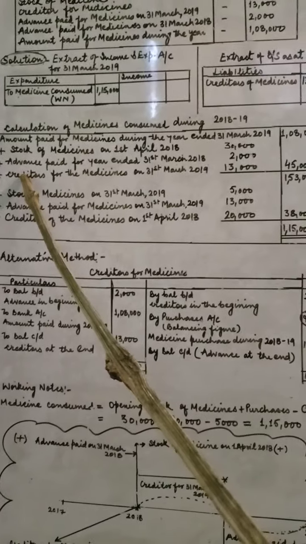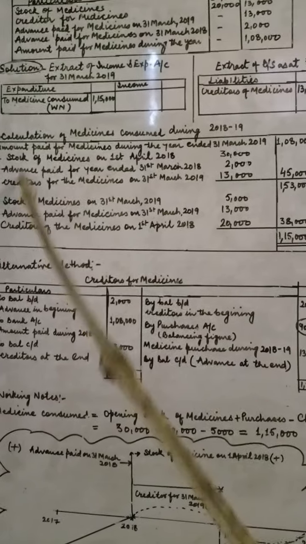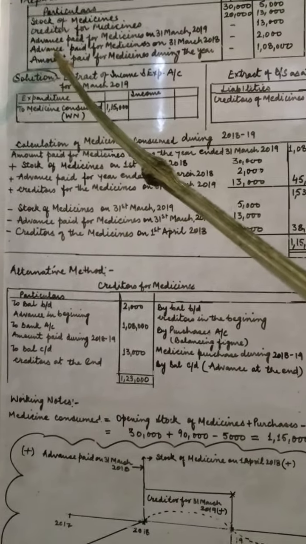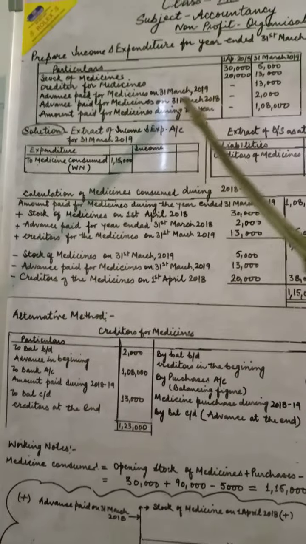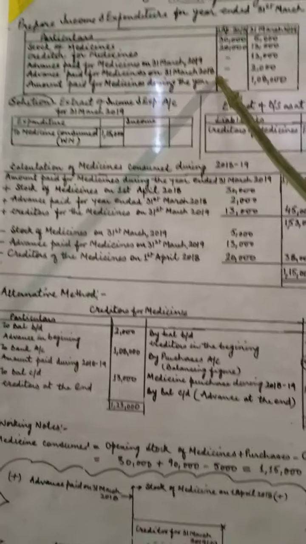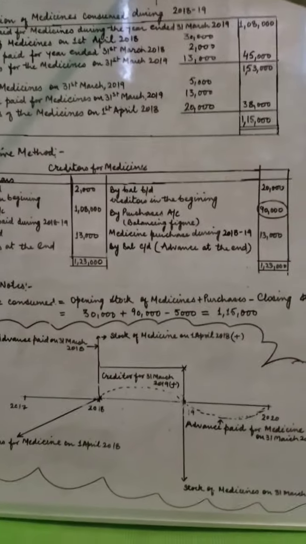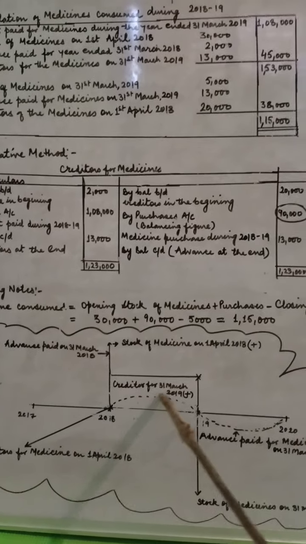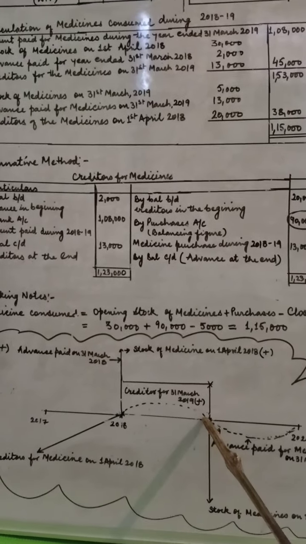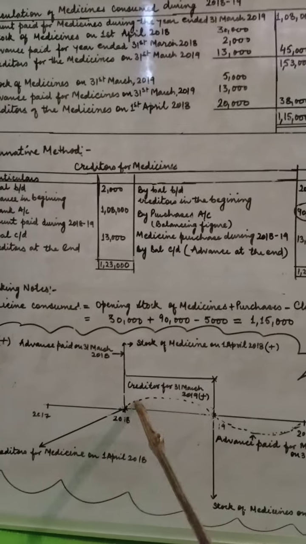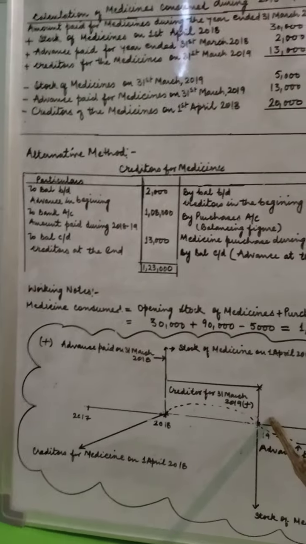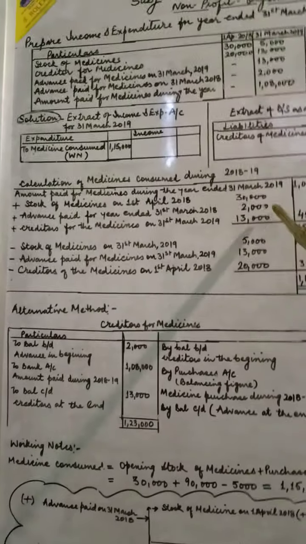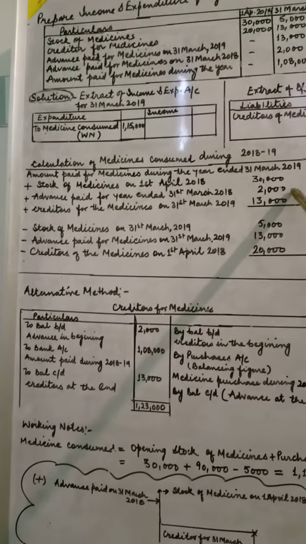Next, that is the advance paid for medicine on 31st March 2018, for 2019. It is also going to be added here, that is 2,000.